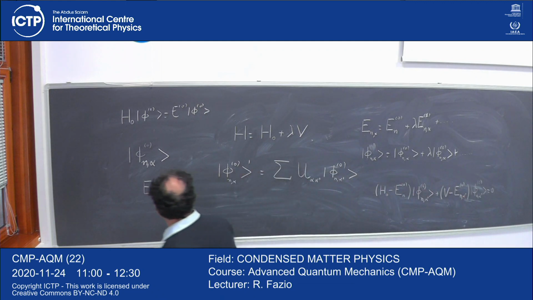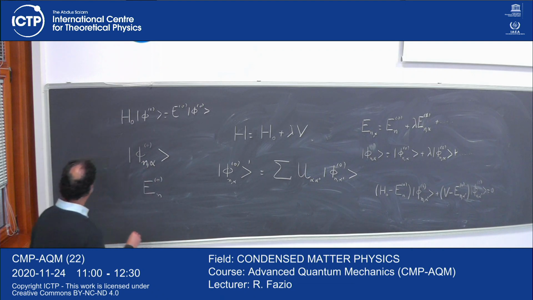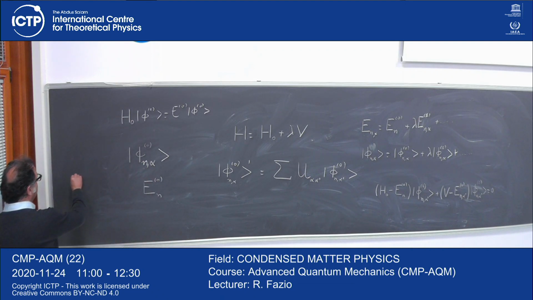No, sorry. So suppose the following. Imagine that you have n equal 1, n equal 2, n equal 3, just for the sake of it, and then I take n equal 2, which has 3 degeneracy. So here alpha is equal to 1, alpha is equal to 2, alpha is equal to 3.